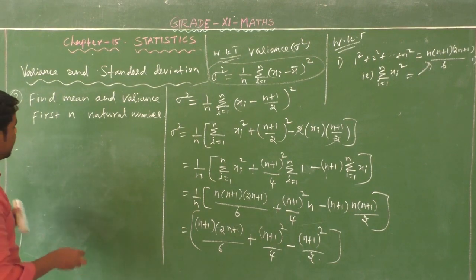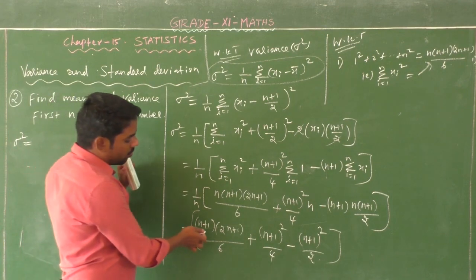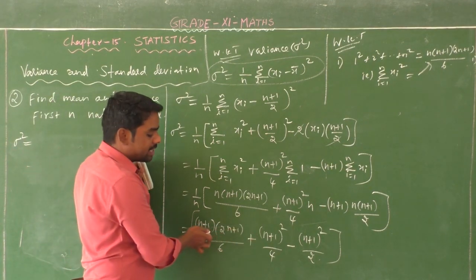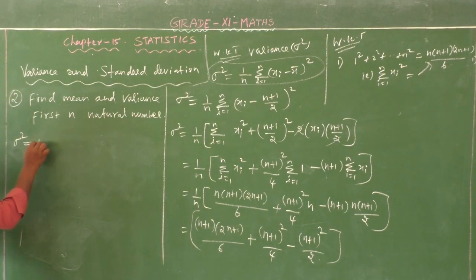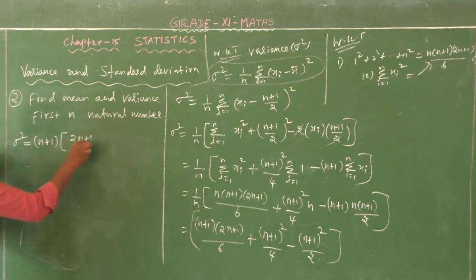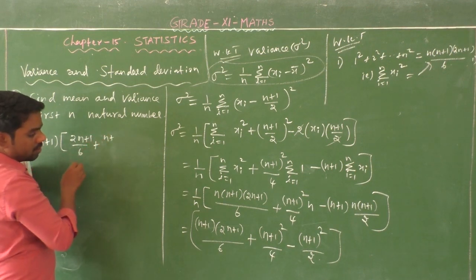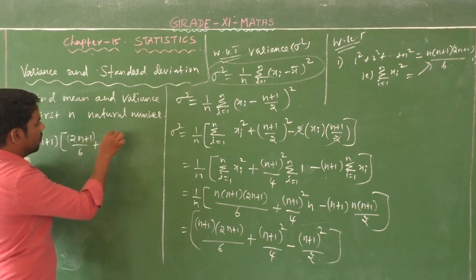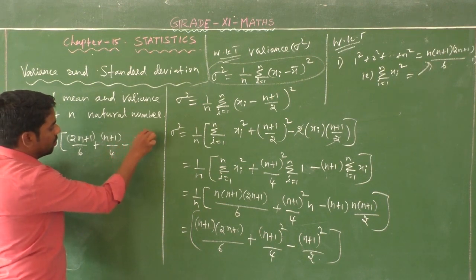Listen, simplify this. Sigma squared is equal to, listen, the 3 terms have n plus 1 in common. So take n plus 1 as common. Remaining: 2n plus 1 by 6, the second term n plus 1 by 4, the third term n plus 1 by 2.